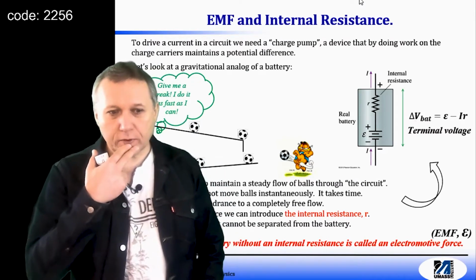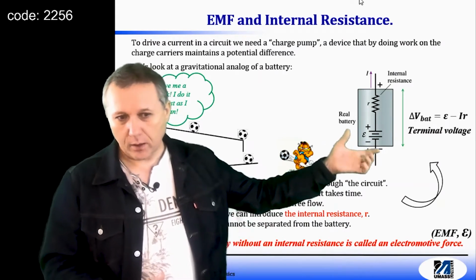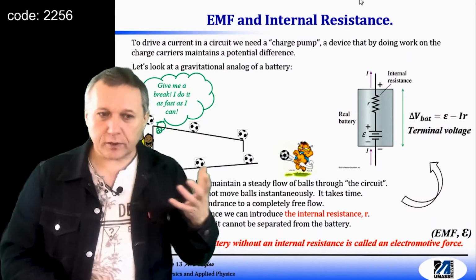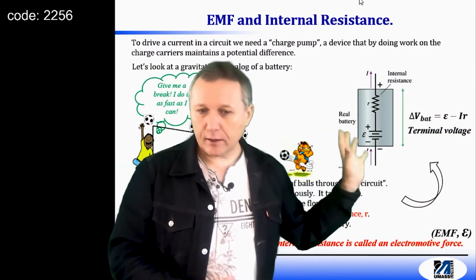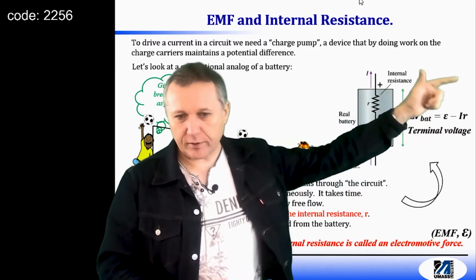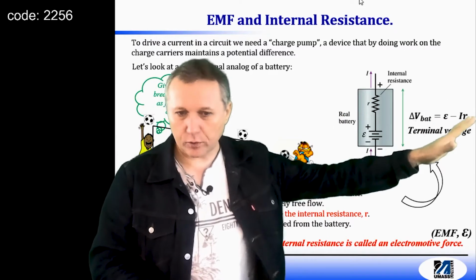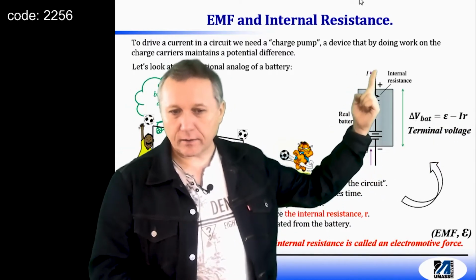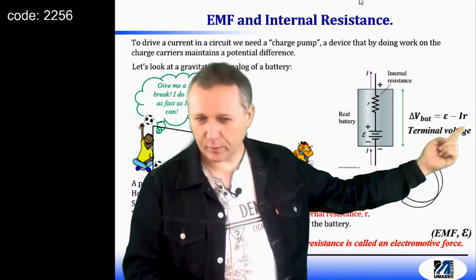Then, of course, the question is, how can you measure EMF, just EMF? What can we do in order to measure EMF? If you disconnect the load from the battery, let's say maybe there's a resistor or just a complicated circuit, then the current taken from the battery, this I, will be very, very small.